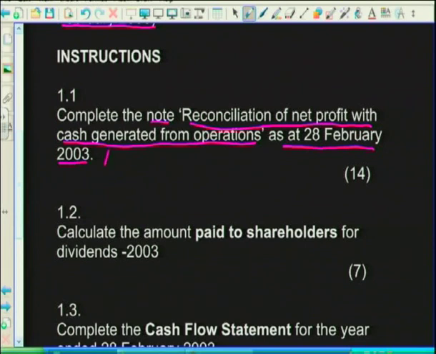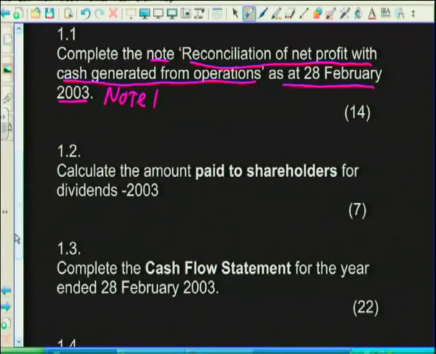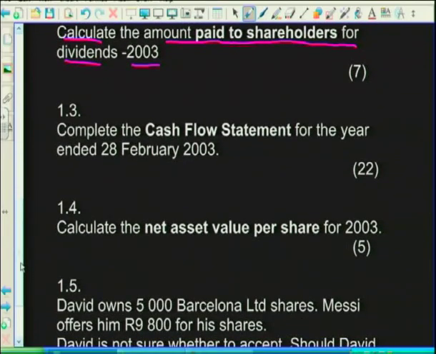In other words, note 1. Thereafter, 1.2, we are then going to calculate the amount paid to shareholders for dividends for 2003. We are then going to move on to complete the cash flow statement for the year ended 28th Feb 2003.